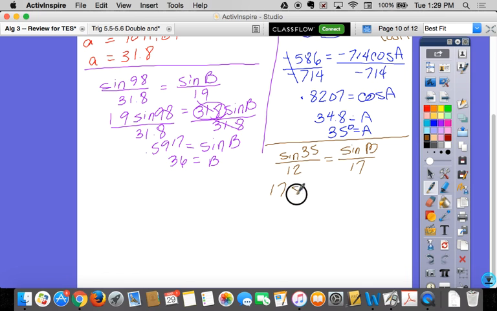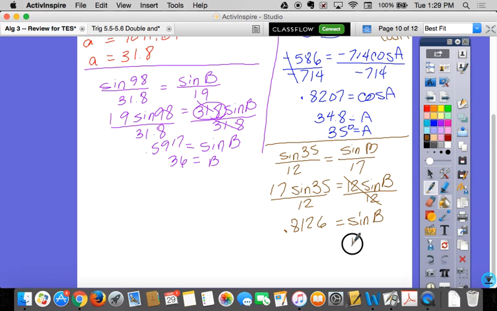You got 17 sine 35 equals 12 sine b. All right, the 12's out front, so you just divide by plain old 12. They cancel, and I've got sine of b, and I need 17 sine 35 divided by 12. That gives me 0.8126. Now do inverse sine. So b was, I got 54.3, so I can just round to a good old 54, and that'll be fine.